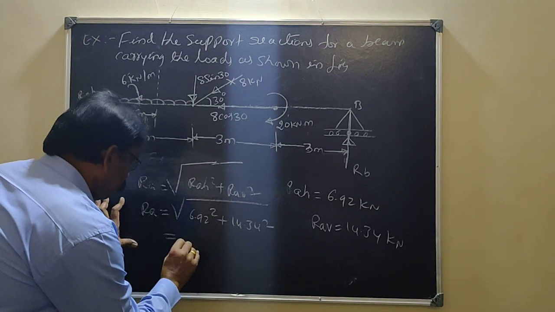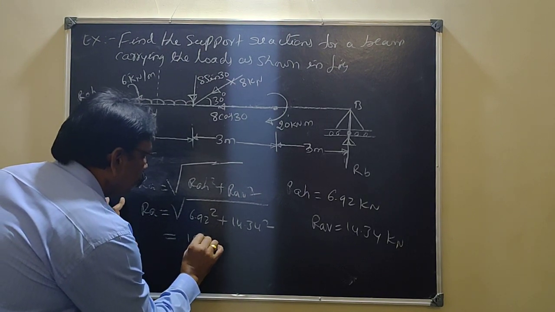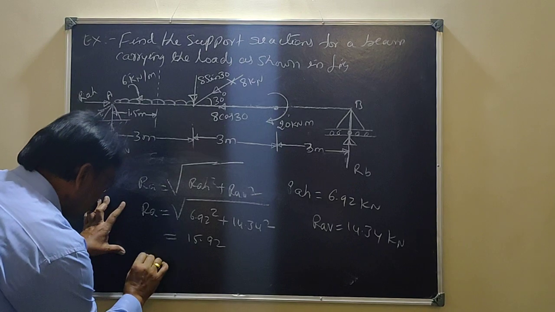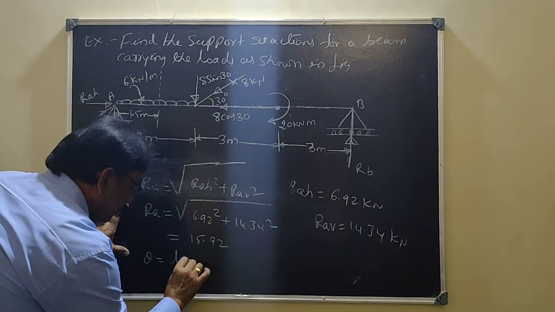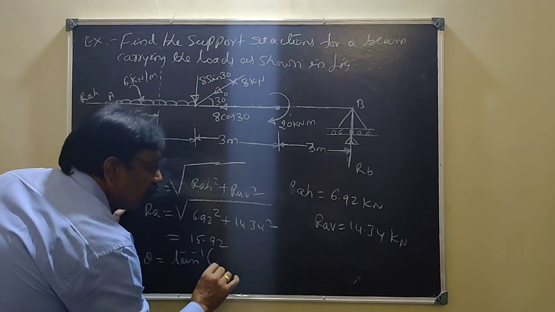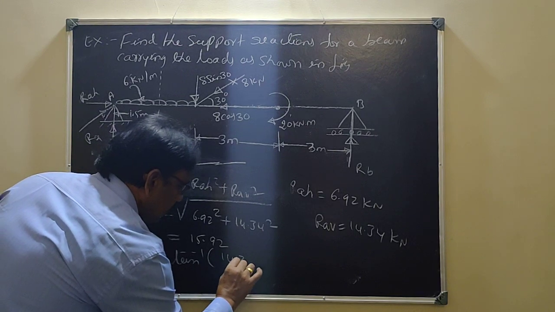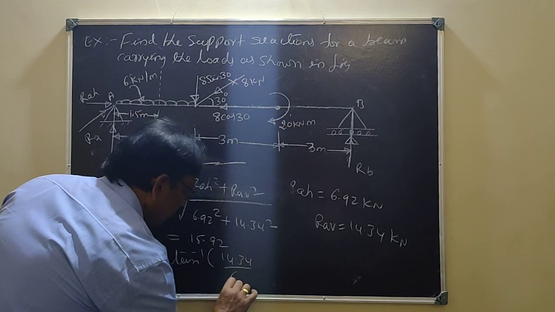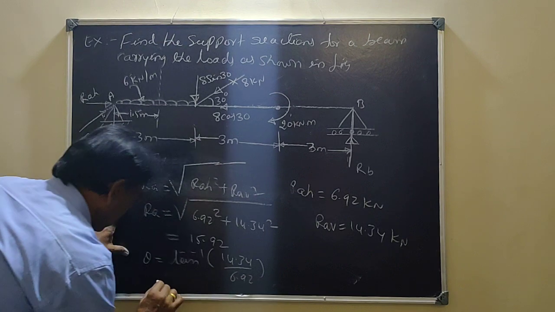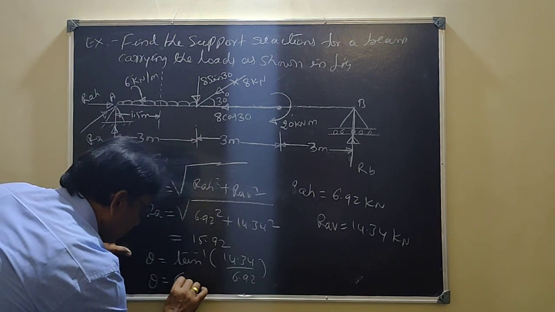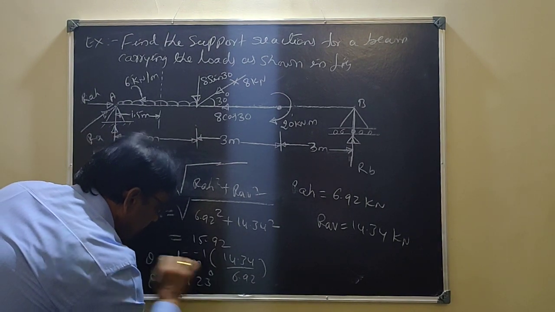Therefore Ra is equal to 15.92. Similarly, theta is equal to tan inverse of 14.34 divided by 6.92, then theta is equal to 64.23 degrees.